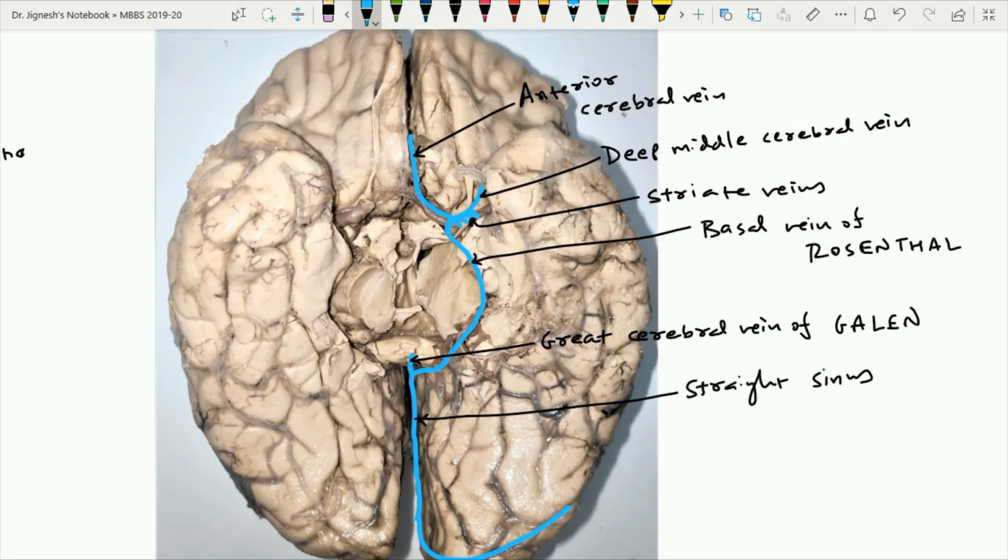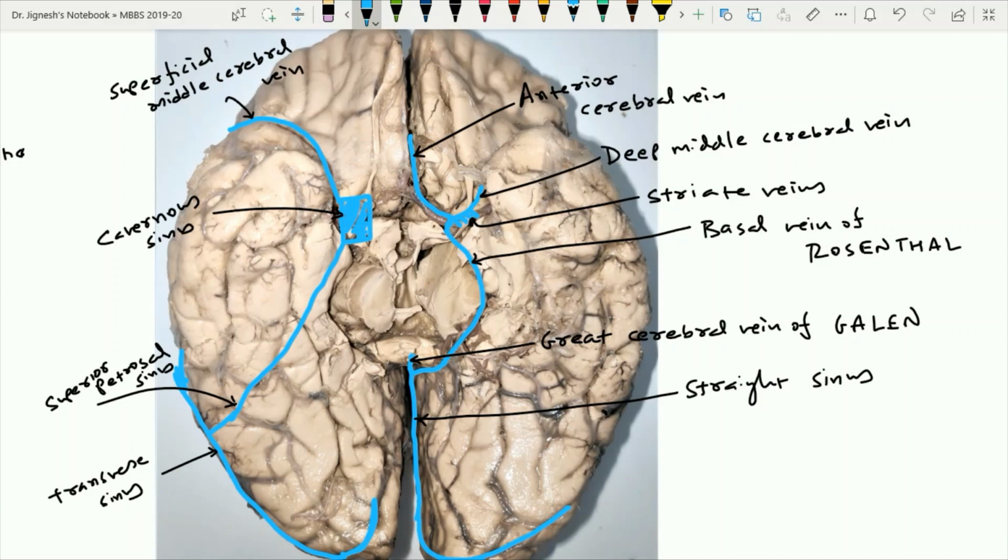While the third set of the superficial veins, that is the inferior cerebral veins, drain the inferior surface of the cerebrum. And let's see here on this opposite side, we can see the cavernous sinus present somewhere here, and within this cavernous sinus the superficial middle cerebral vein drains, and on the posterior side it communicates with the superior petrosal sinus, and the superior petrosal sinus enters into the right transverse sinus, which is actually the continuation of the superior sagittal sinus.